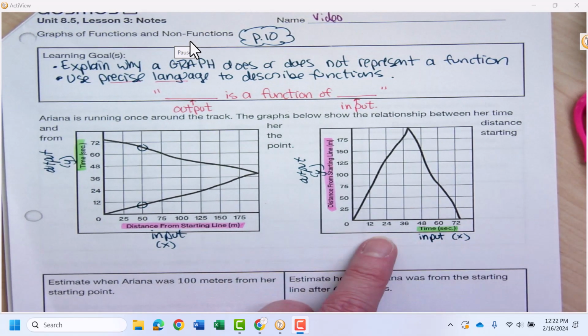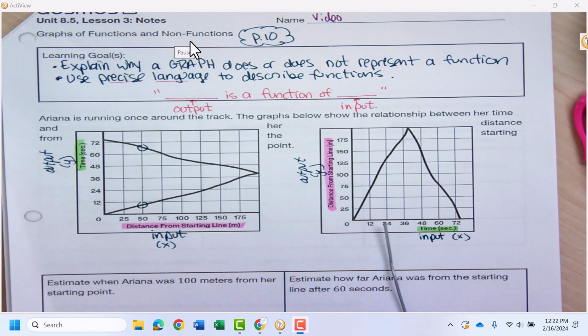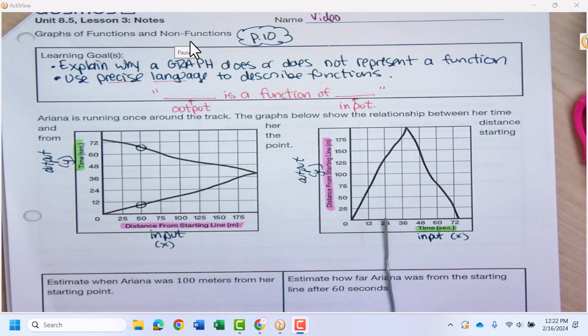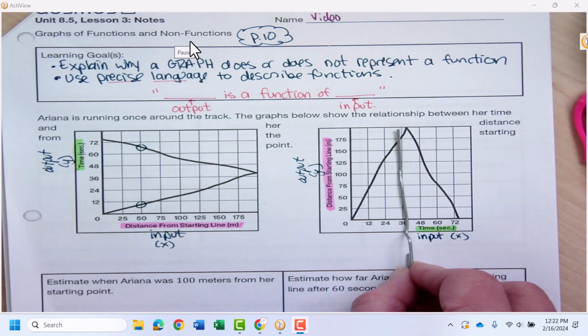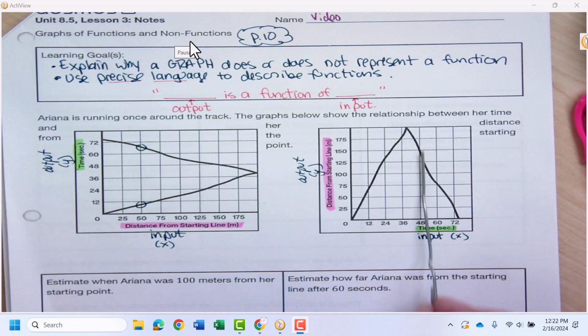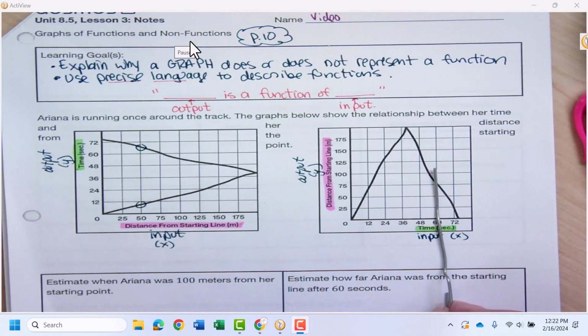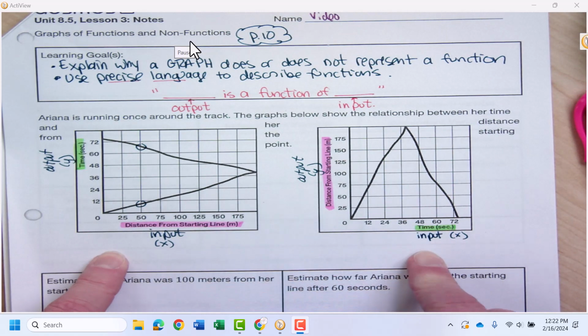So let's choose any time, 24 seconds. At 24 seconds, is there only one output? Yep, after 24 seconds, it looks like she's a little over 125 meters from the starting line. And at 26 seconds, she's just in one spot, and at 36 seconds, she's just in one spot. In fact, for every x value, it looks like there's only one place that it's going to run into this graph. So each input has exactly one output. So this one is a function and this one isn't.